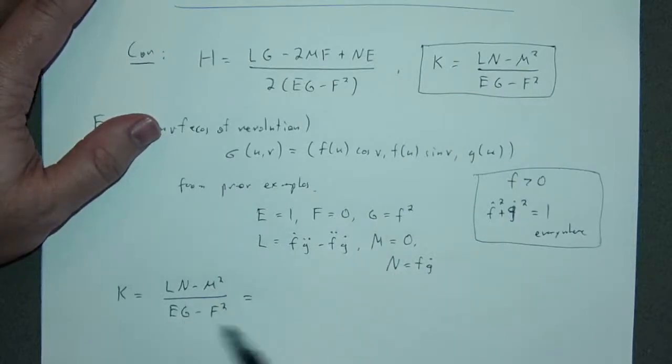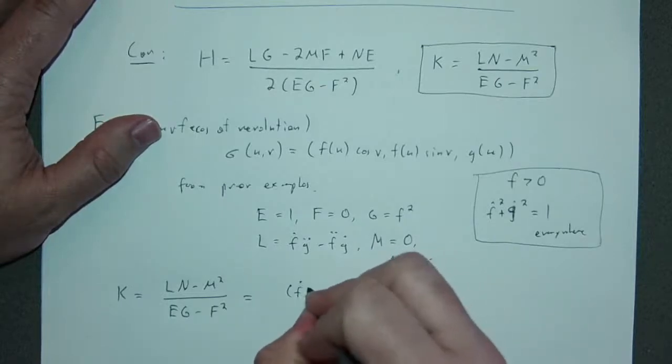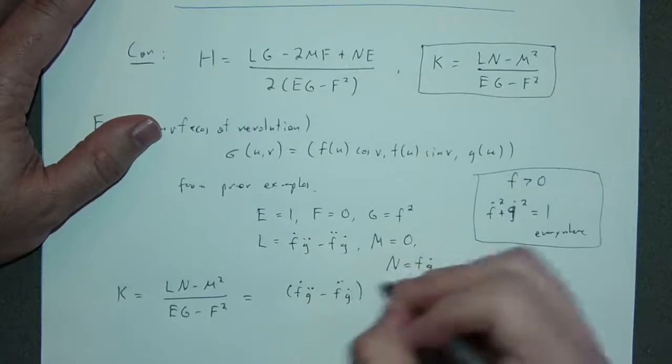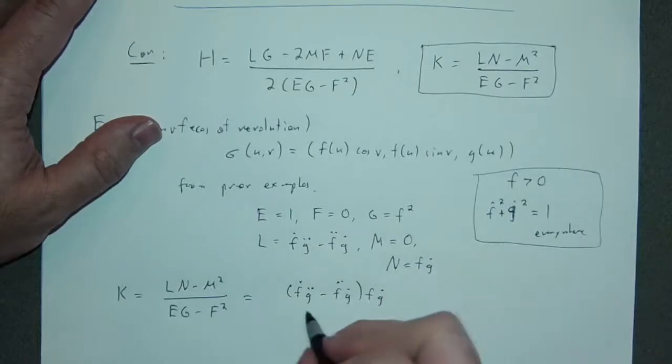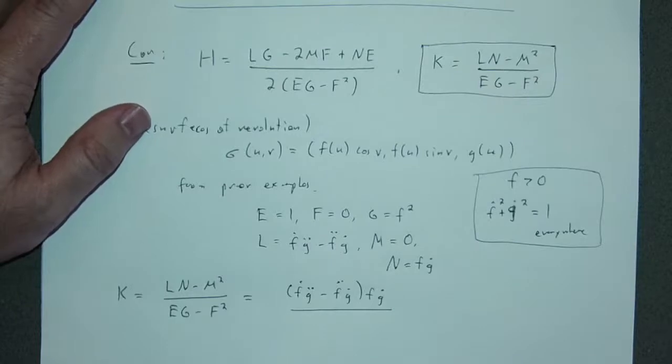So this is just LN over EG, which is (f dot g double dot minus f double dot g dot) times f g dot, divided by E times G, which is f squared.